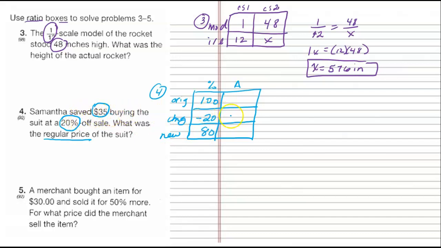So she saved $35, so that's the 20%. What was the regular price? That's going to be up here, okay? So my proportion is 100 over 20 is equal to x over 35. I cross multiply, and I divide. So x is equal to 3,500 divided by 20, 175.